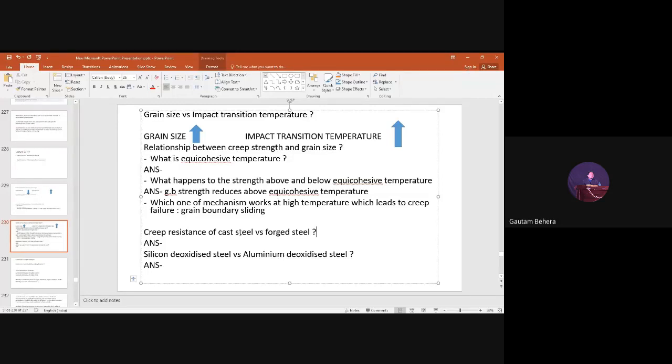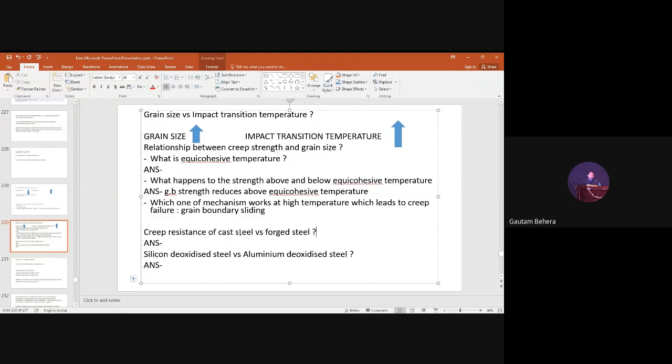But dendrites are tree-like, with many arms: primary arm, secondary arms, tertiary arms, right? And they are single big crystals. If the crystals are big and in a particular direction, that is not good. So dendrites are never helpful for our properties because they are bigger in size and have directionality. They grow in a particular direction from the mold wall towards the center of the mold.